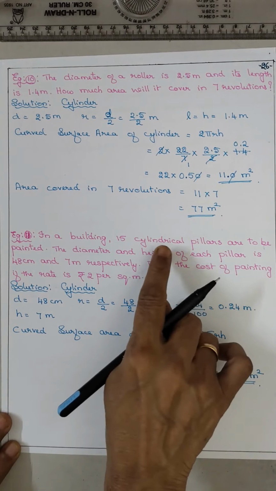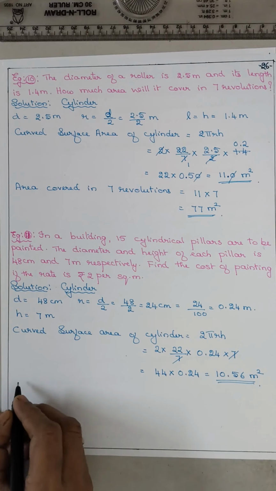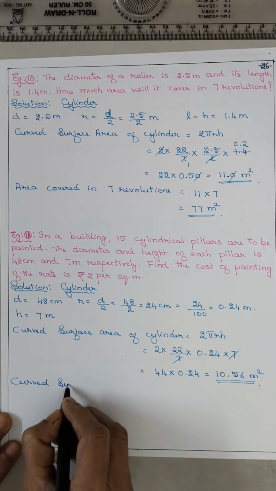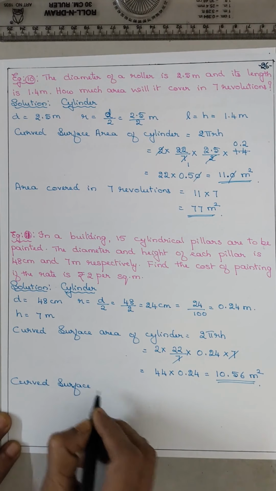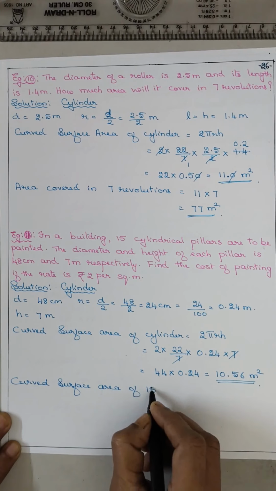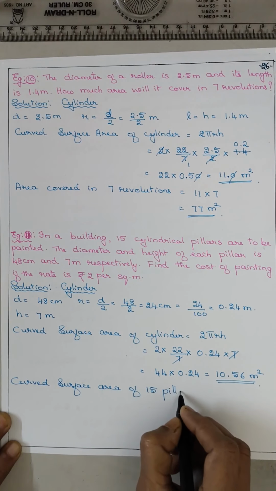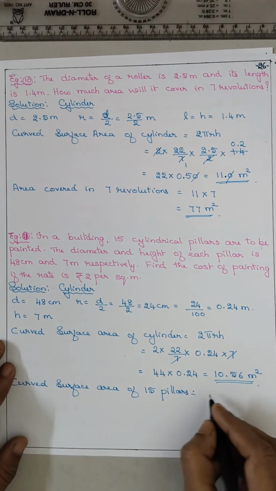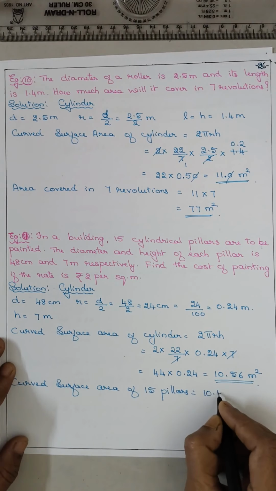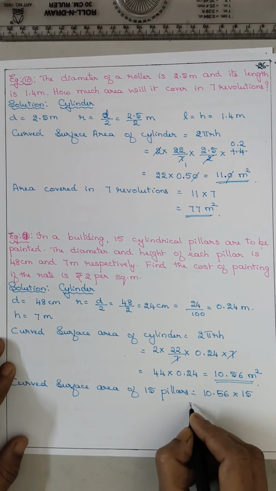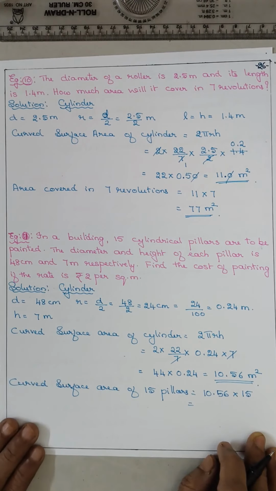Now, 15 pillars are there. So the curved surface area of 15 pillars is equal to 1 pillar's curved surface area, 10.56, into 15.